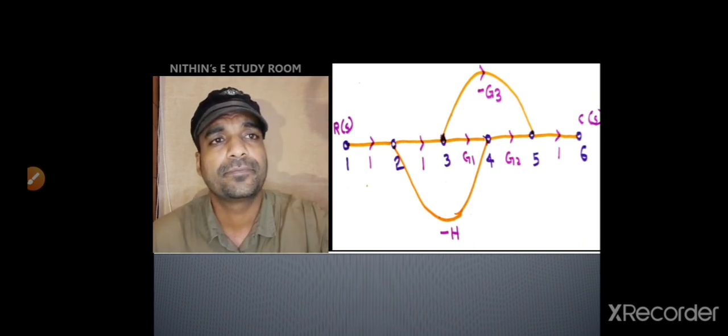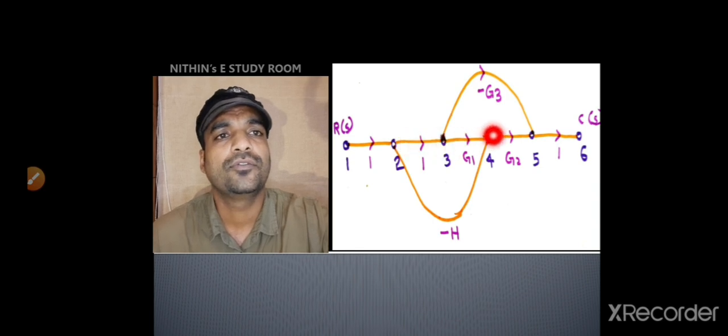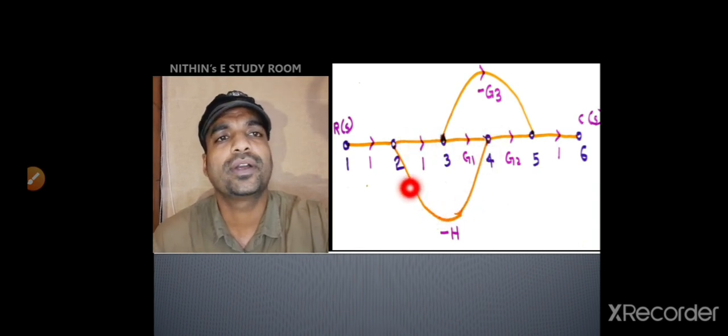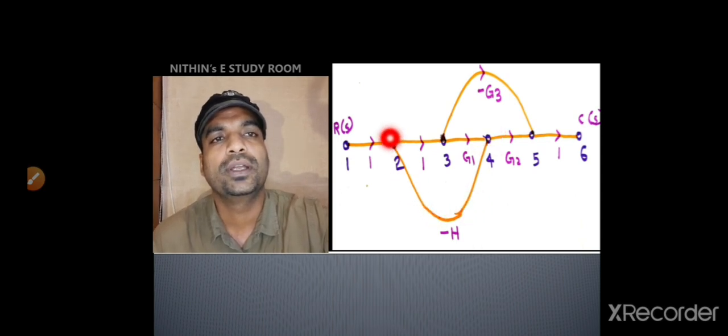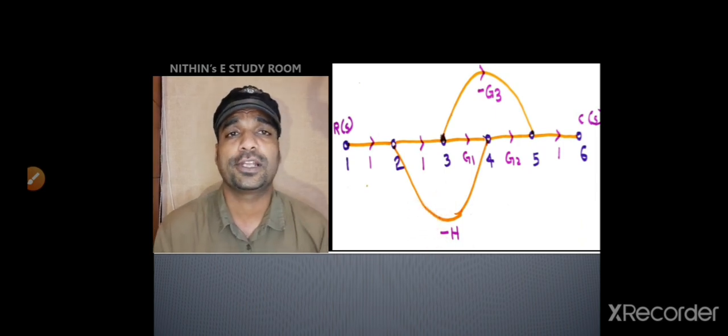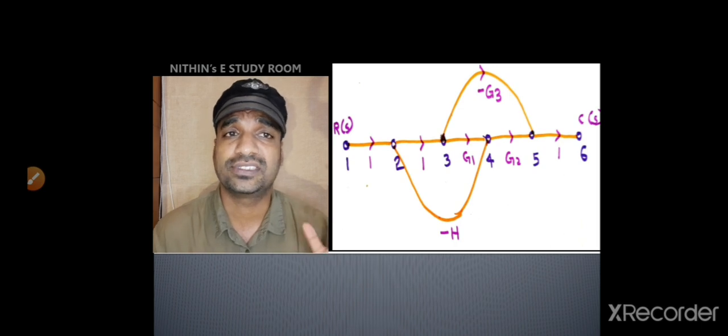It is 2, 3, 4, 2. Why so? Because the direction is consecutive. From 2 to 3 the arrow mark is positive, from 3 to 4 the arrow mark is positive, and from 4 to 2 the arrow mark is positive. Please draw an arrow mark here from 4 to 2. So in this loop all the arrow marks provide a consecutive or successive direction.